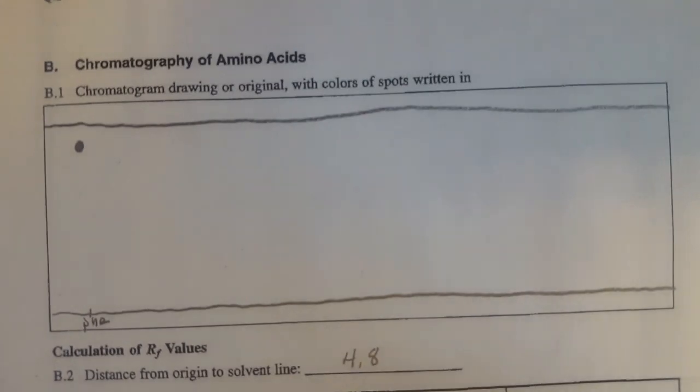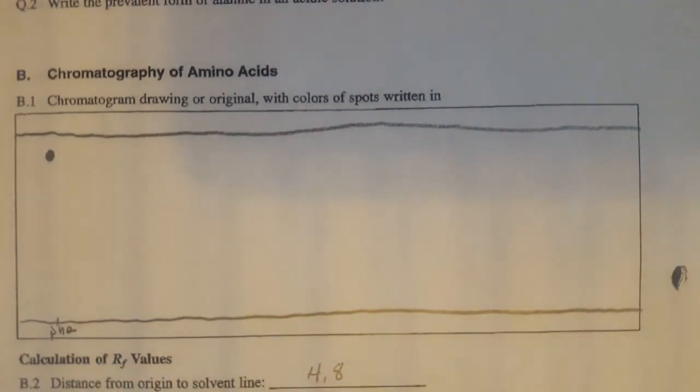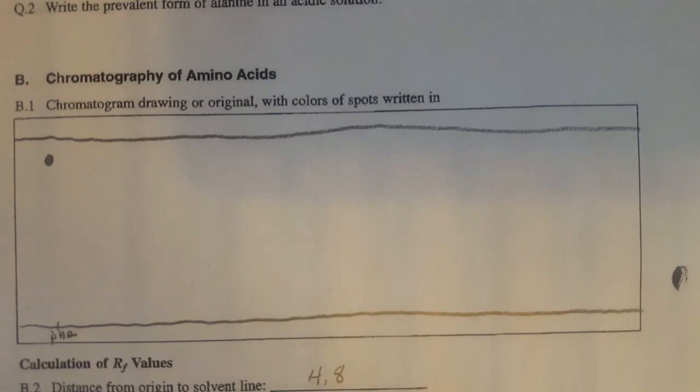And we're going to calculate the RF factor, which is going to be 4.3 divided by 4.8. We're going to calculate this value. So that's 4.3 divided by 4.8 equals, this is going to be 0.90. And you do that for all of these, even the unknown.